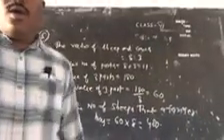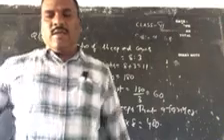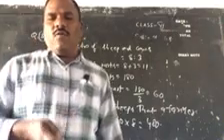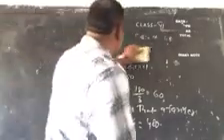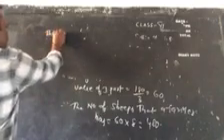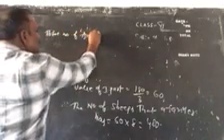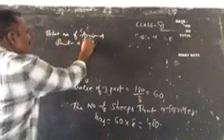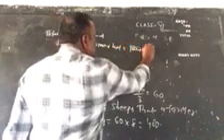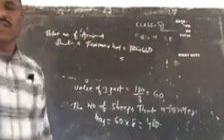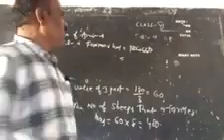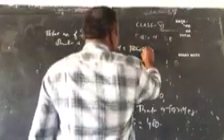Now the total number of animals that the farmer has is 180 plus 480 equal to how much then? 180 plus 480, equal to 660.